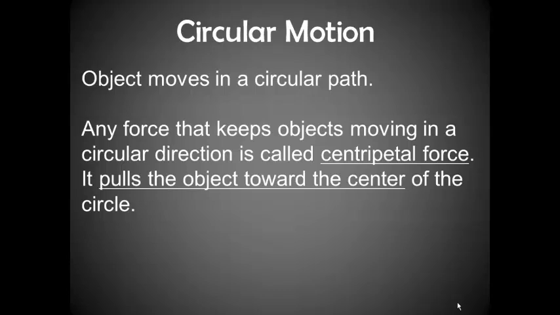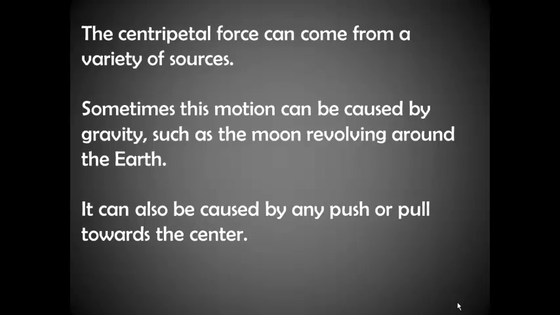That's the direction of the force for centripetal force. Now, this centripetal force can come from a variety of sources. Sometimes it can be caused by gravity, for example, the moon revolving around the earth, or it can be caused by another push or pull toward the center.